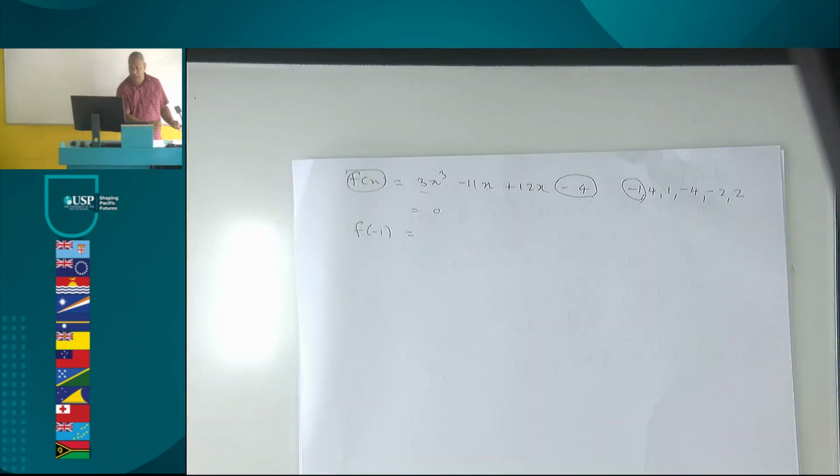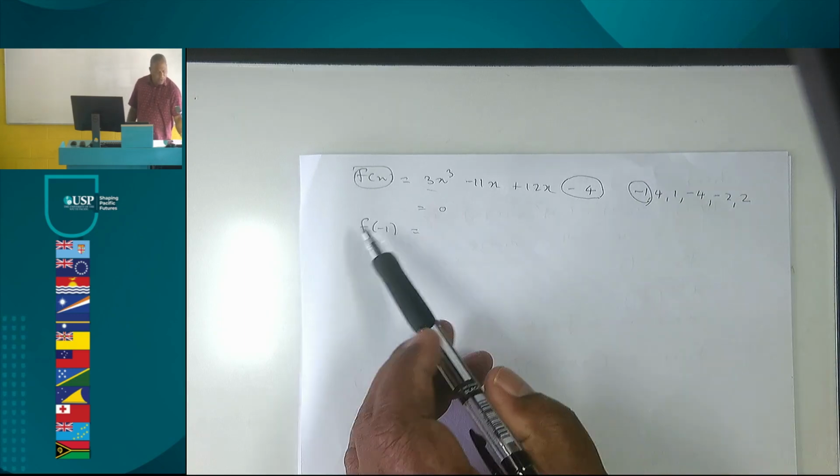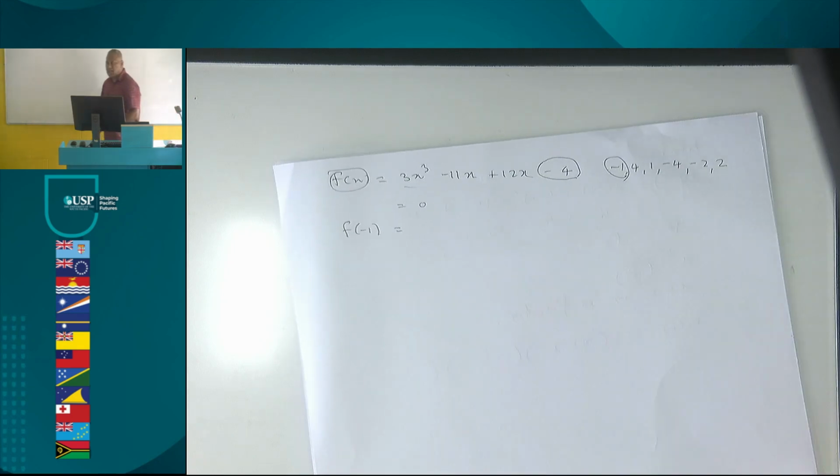Here, the factors are negative 1, 4, 1, negative 4. So substitute negative 1 in. What does that give you? Does it give you 0? Yes, no?